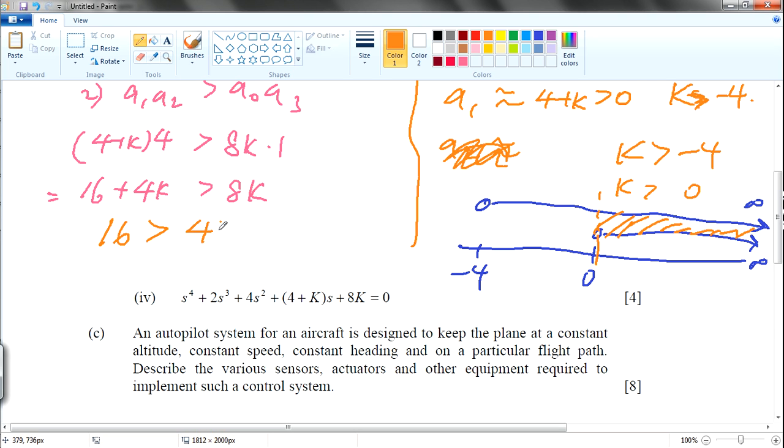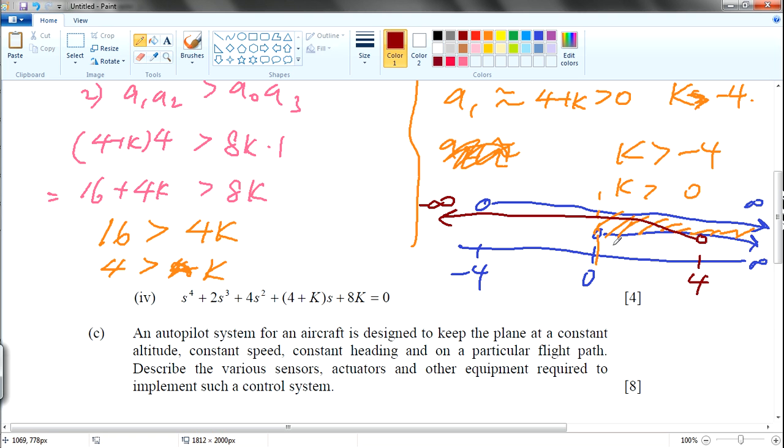You have 4K, and then if you bring it down, K should be smaller than 4. In this case, we just rearranged and stuff like that. You can see that K should be smaller than 4. So let's put 4 over here, smaller than 4, so it goes to the negative area.